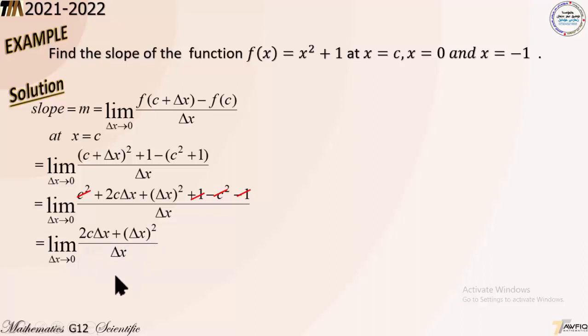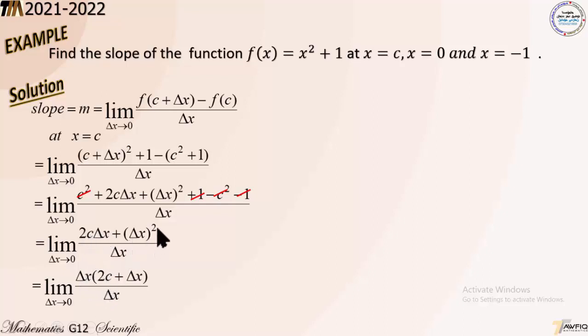As you can see, in the numerator we have a common factor which is delta x. Take it out, then the limit as delta x approaches 0 of delta x, open a bracket, here 2c delta x divided by delta x, cancelling delta x with delta x, remains 2c.